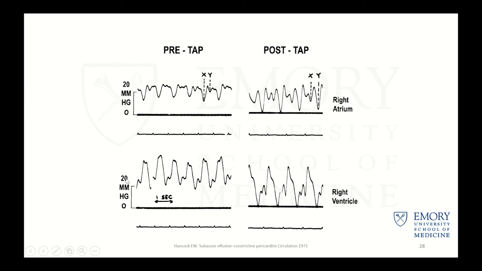There's also elevated RV EDP. But once you take out the fluid, you see the clear rapid Y descent and X descent. So it's rapid atrial relaxation and rapid atrial emptying. And you can start seeing the square root sign on the RV tracing. So this is how you unmask the constriction after pericardiocentesis.